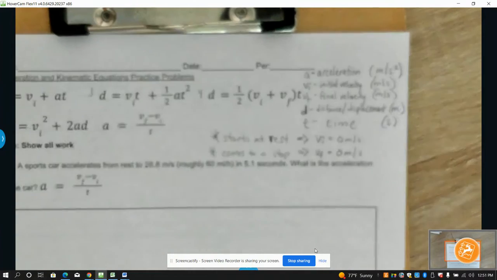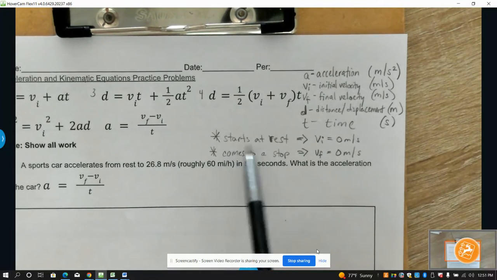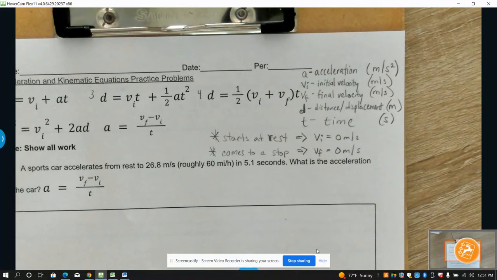So you want these pieces of information, guys, because there will be sometimes little hidden pieces of information in a problem. Okay, like a car waiting at a stoplight. It may just say a car waiting at a stoplight gets up to a speed of 30 meters per second in 10 seconds.